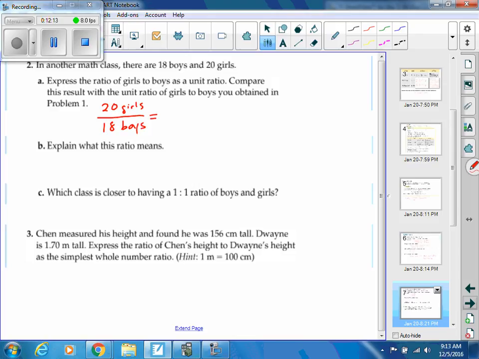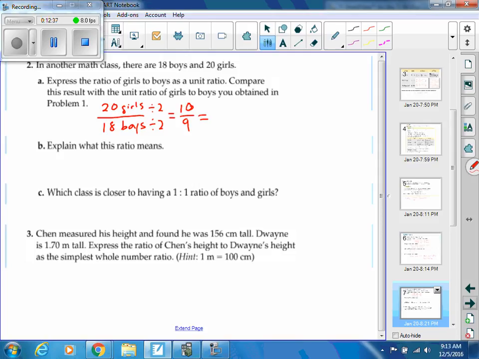All right, I'm going to simplify that. I see that 20 and 18 are both even, so I know I can divide them both by 2. 20 divided by 2 is 10, and 18 divided by 2 is 9.